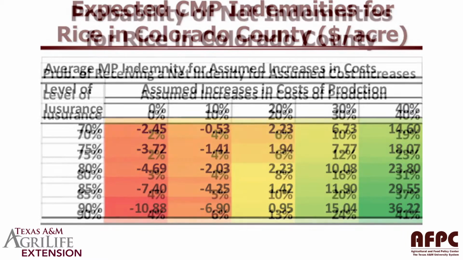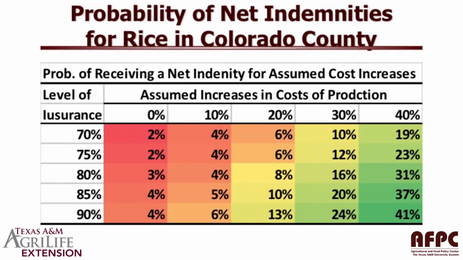Now, if we look at the next slide for Colorado County, we'll see the probability that the net indemnity is positive. If there's no increase in the cost of production, we're going to see about a 2 to 4% chance of having an indemnity that is greater than the premium, in my assumption.